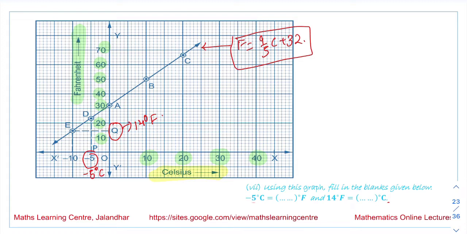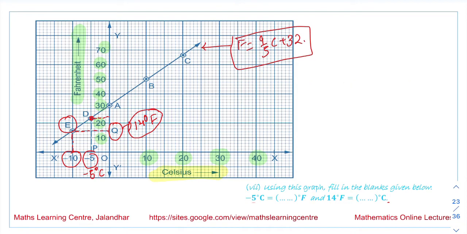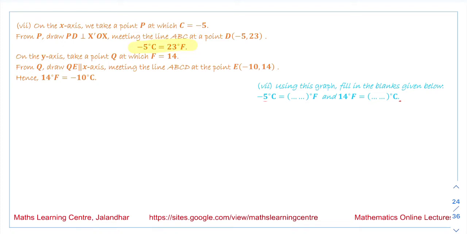Corresponding to minus 5 degree Celsius, we have this point D, and you will get the value of Y. Corresponding to 14 degree Fahrenheit, you will get this point E, and you will have the corresponding value of degree Celsius. So what we obtain is that corresponding to minus 5, we have 23 degree Fahrenheit, and corresponding to 14 degree Fahrenheit, we have minus 10 degree Celsius temperature.